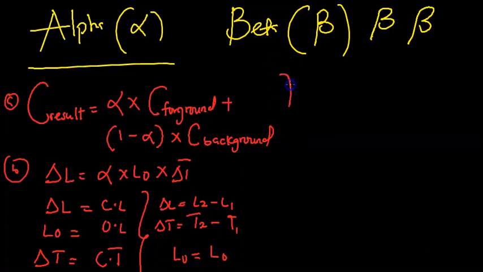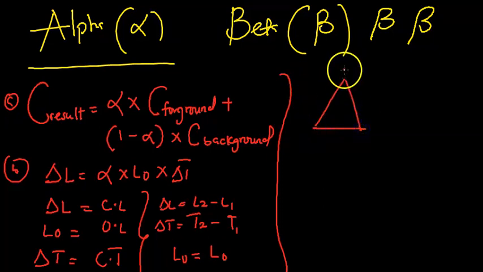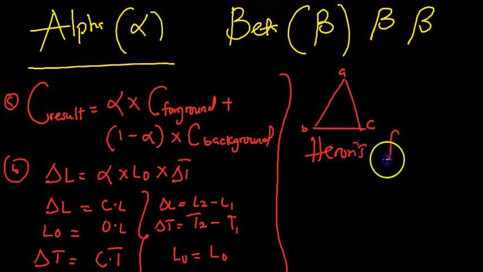The next formula which I can remember right now is the formula for the area of a triangle using the lengths of its sides A, B, and C. Let's say we have a triangle here, A, B, and C. Let's try Heron's formula. In this case, notice that this is alpha in capital letter.